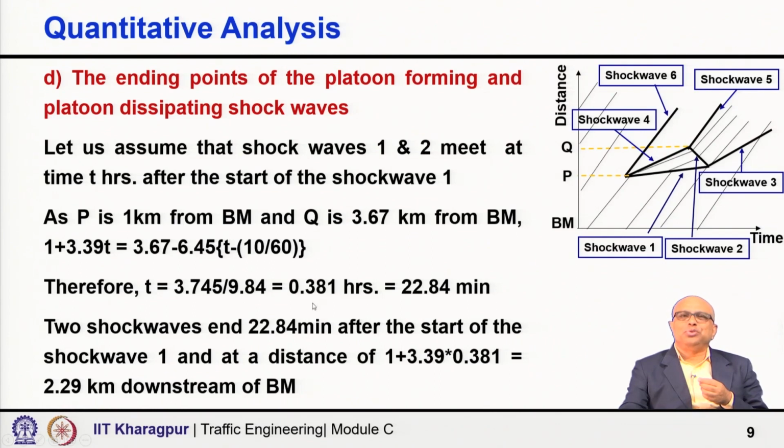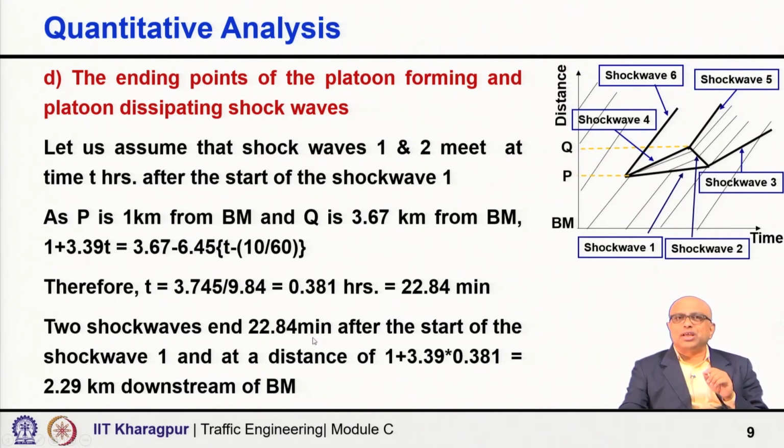So, if you solve it, you will get that t equal to 22.84 minutes. That means two shock waves end 22.84 minute after the start of shock wave 1, because everything t is the time after the start of shock wave 1.